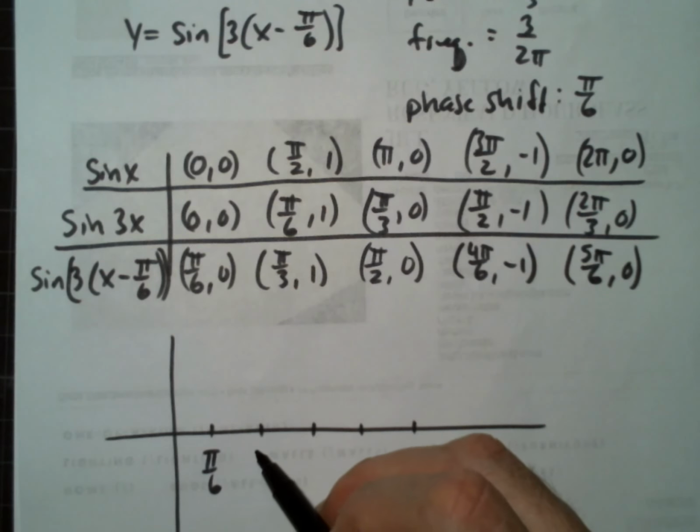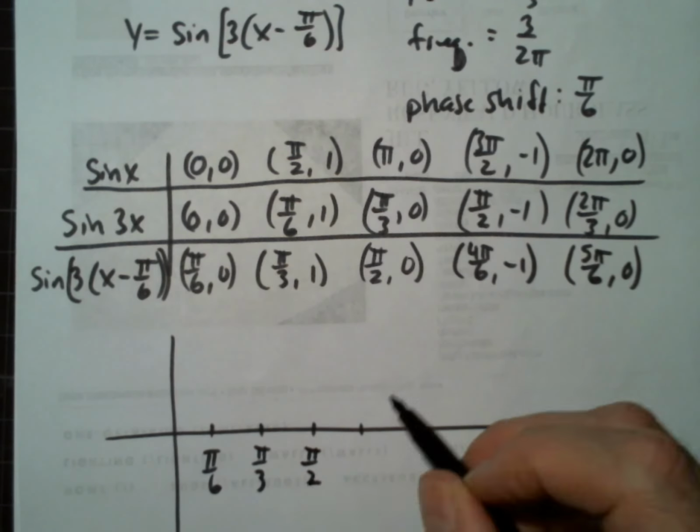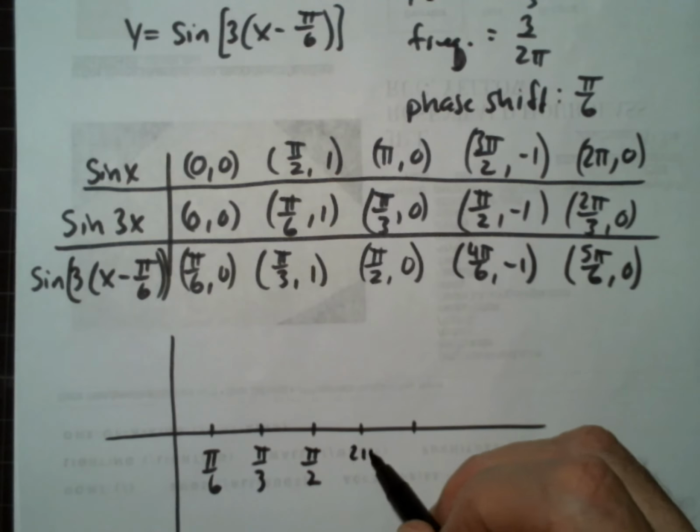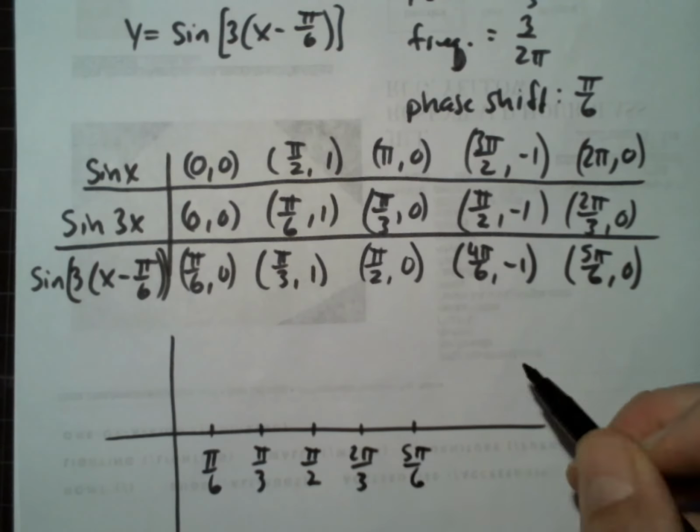And this will be pi over 3, pi over 2, 2 pi over 3, 5 pi over 6.